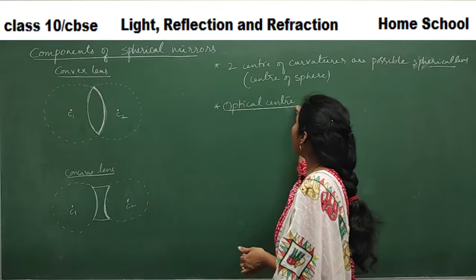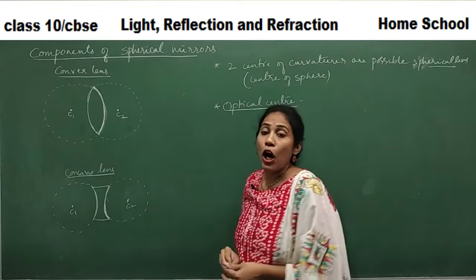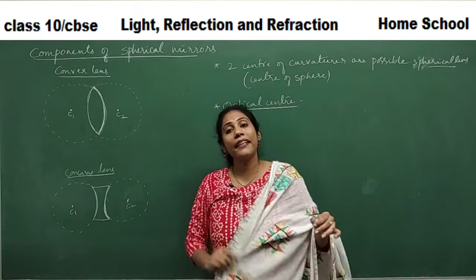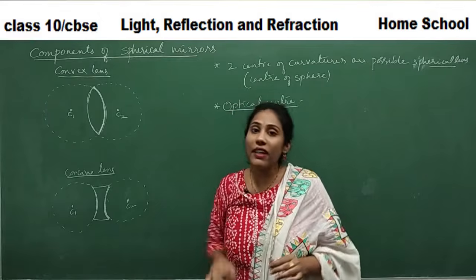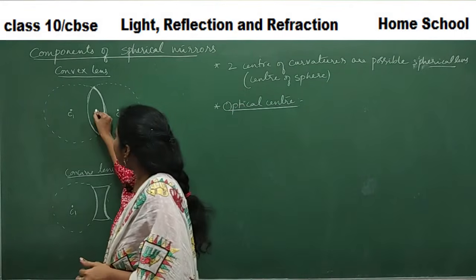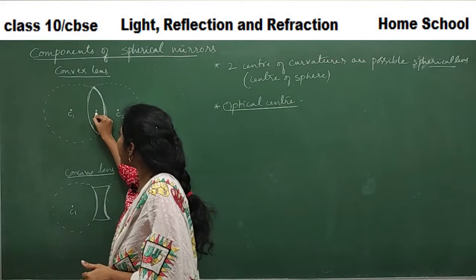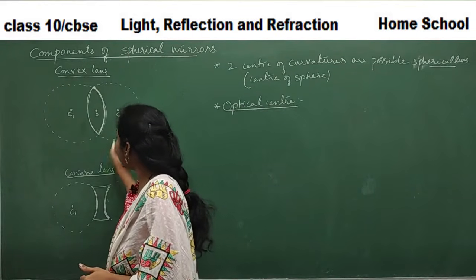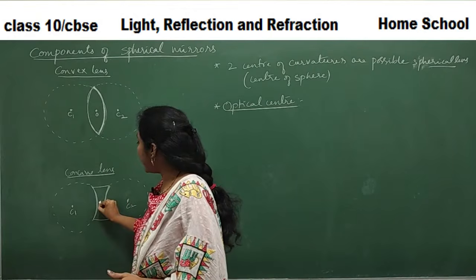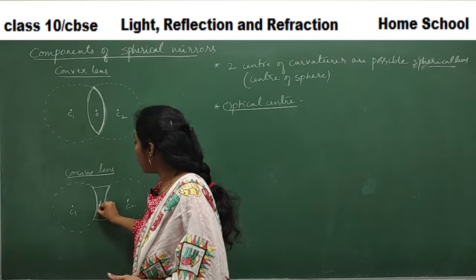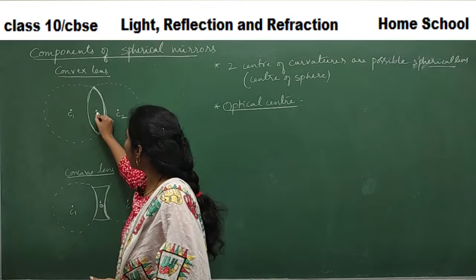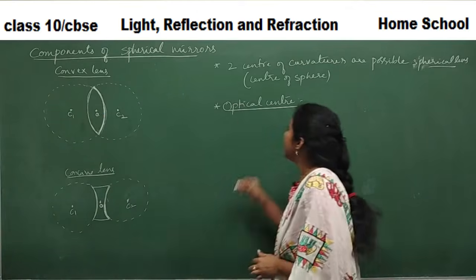The next point is very important here, that is optical center. Optical center is nothing but the geometric center of a lens. Exactly the middle, the central point of a lens is called the geometric center. It is represented with the letter O. Remember this is very important.